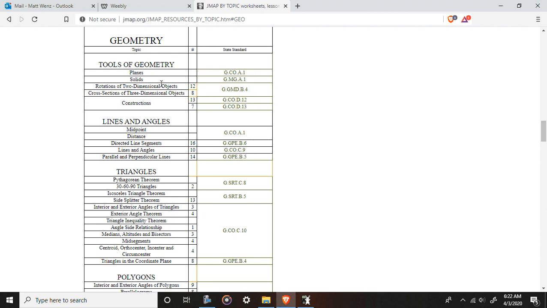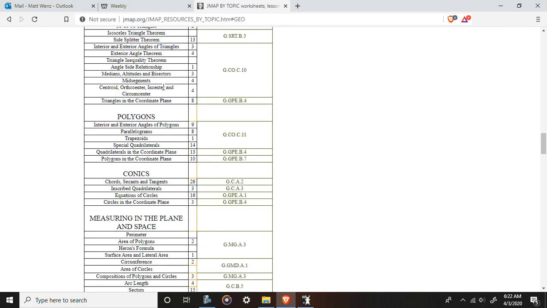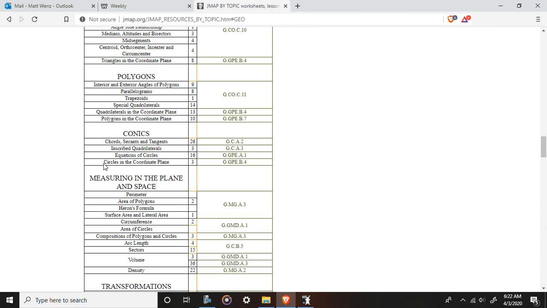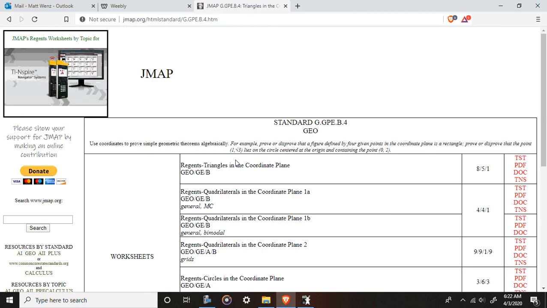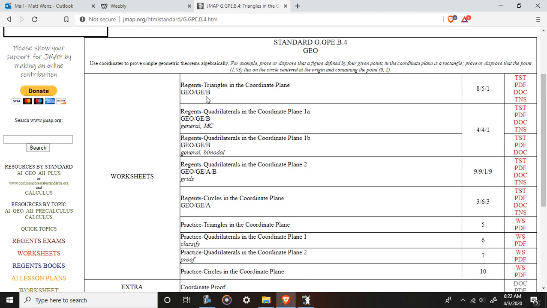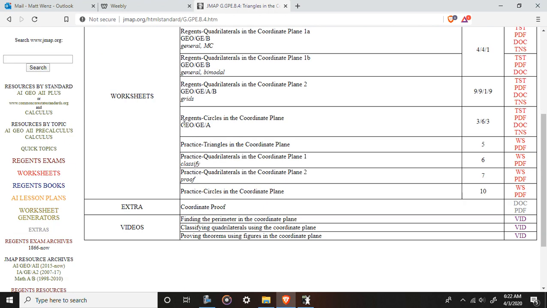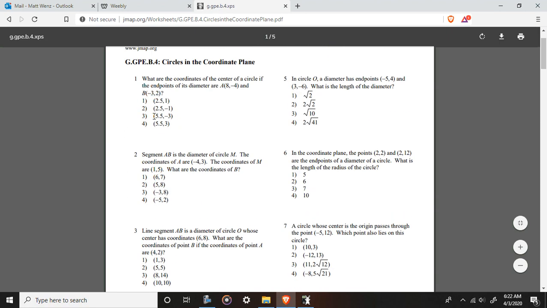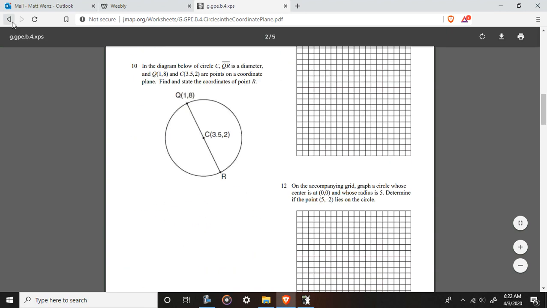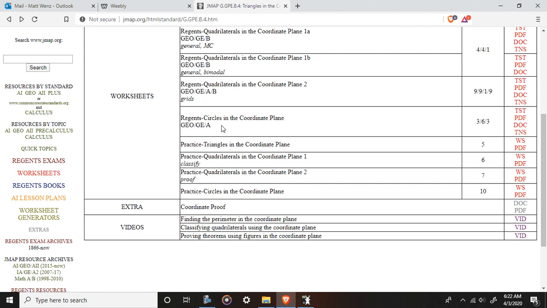Here are all the topics we're covering. We just did circles in the coordinate plane right here. These are all different coordinate plane things. I choose the PDFs because you guys can write on them on the screen. I believe this is what we were doing. No, it's not. Quadrilaterals, polygons... Oh, equations of circles, sorry, equations of circles is what we were doing.